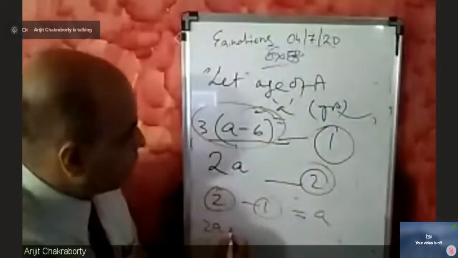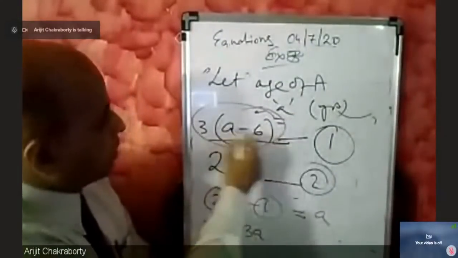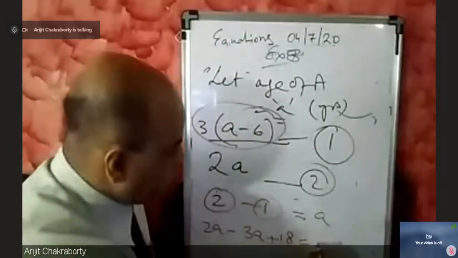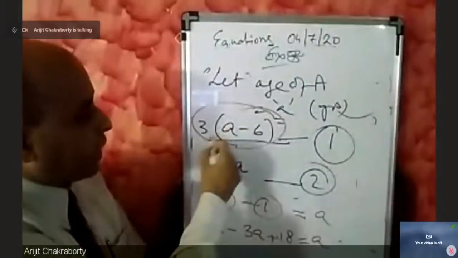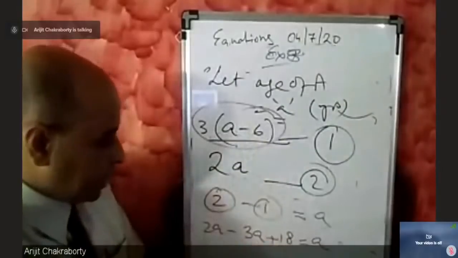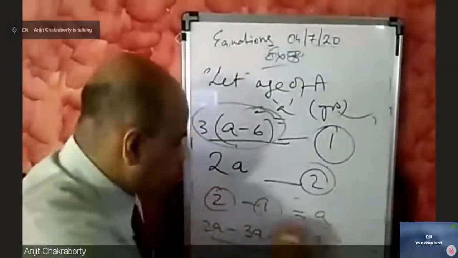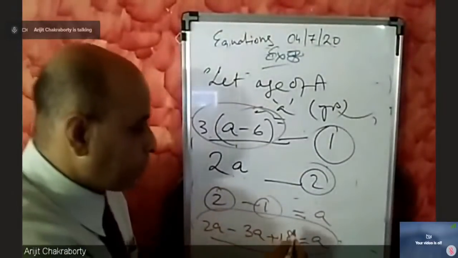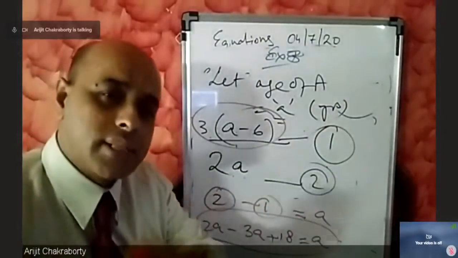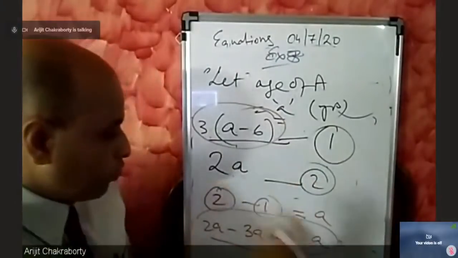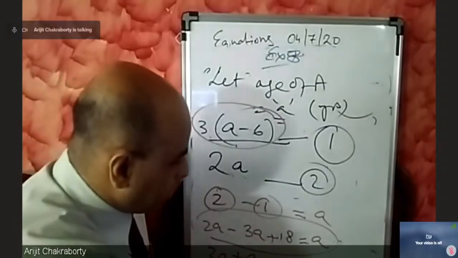2A minus this part, that is 3A plus 18, is equal to A. So I have done 2A minus 3A minus 18, minus of minus 18 will become plus 18, is equal to A. So therefore, by transposing, the equation is this, 2A minus 3A plus 18 is equal to A. So if you move all the A to one side, that is, A here is the variable, we move it to one side, so we get 3A plus A minus 2A equal to 18.